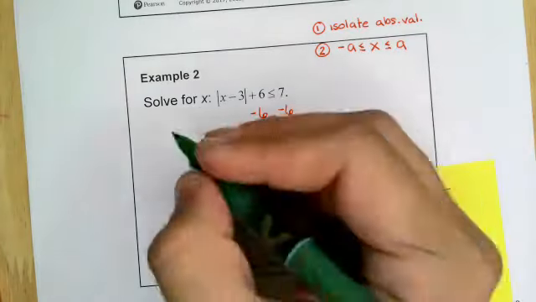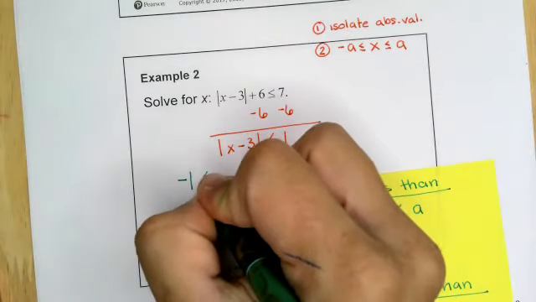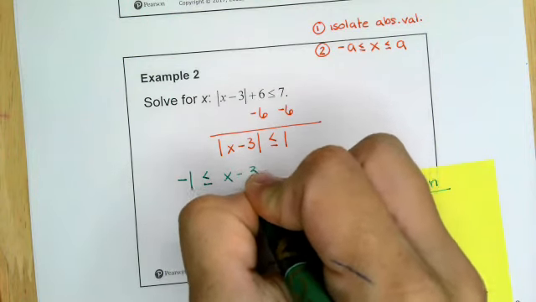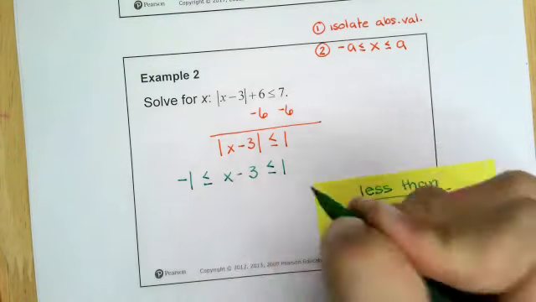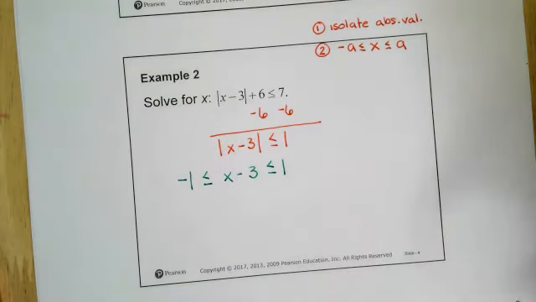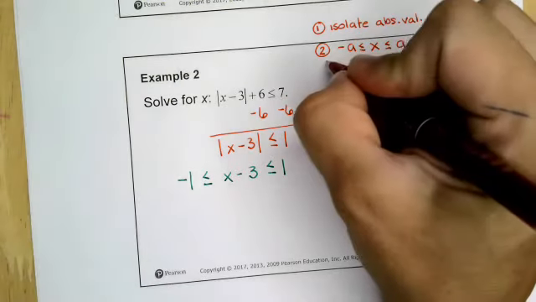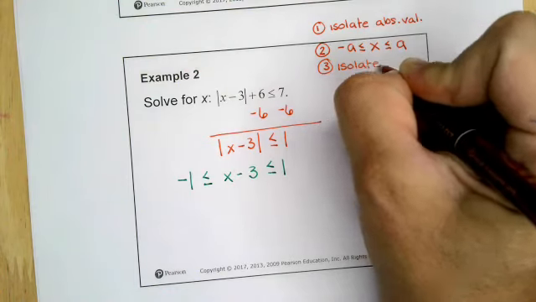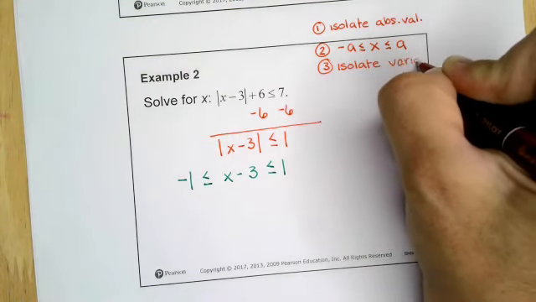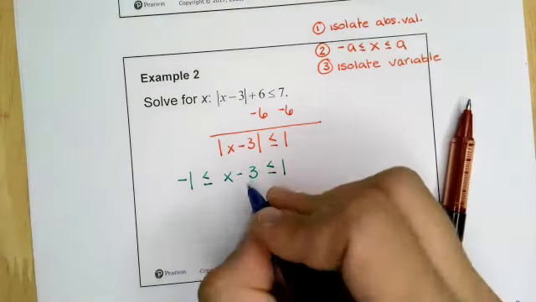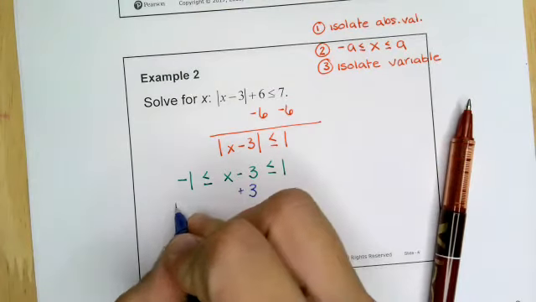Negative a would be negative 1. Now I'm going to isolate the x, or the variable, by adding 3 to all 3 sides.